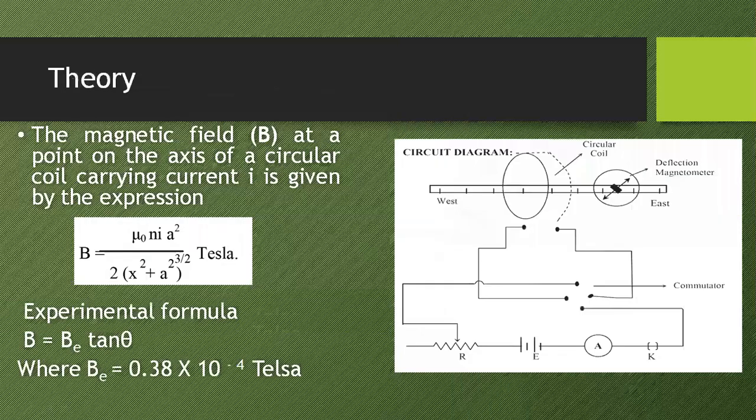Now we can compare the experimental data with the theoretical, that means with the Biot-Savart law principle. You are supposed to get approximately equal values in both the cases.